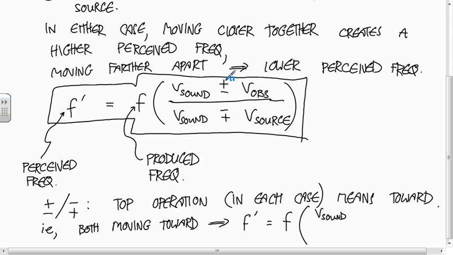If they're both moving toward, we take the top one here, the plus. So plus the speed of the observer. And on the bottom, we have the speed of sound. The top operation on the bottom is the negative. So speed of sound minus the speed of the source.